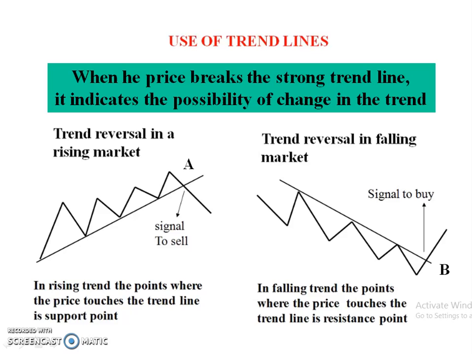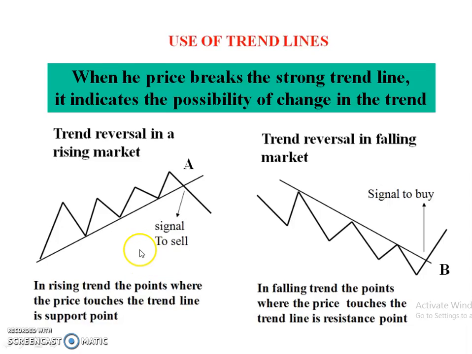Trend line is a useful technique to identify the support and resistance levels and the possible trend reversal. This can be understood from the sketches on this slide. If the stock has a strong rising trend for a long period and the price has gone up substantially, as shown in the left sketch, then the stock becomes overbought. In this case, you can draw the rising trend line by connecting as many lower bottoms as possible, as shown in the sketch.